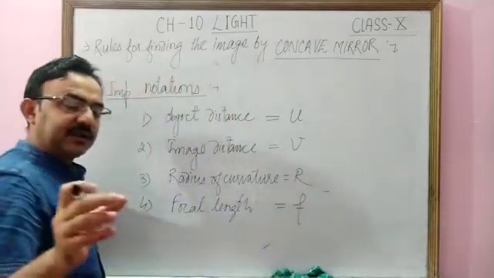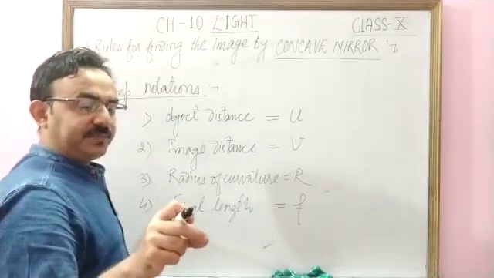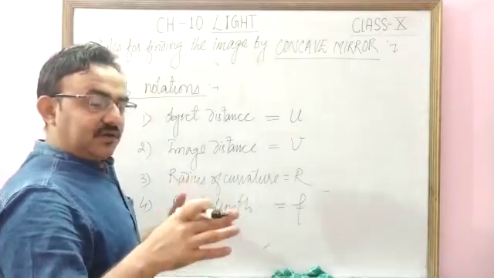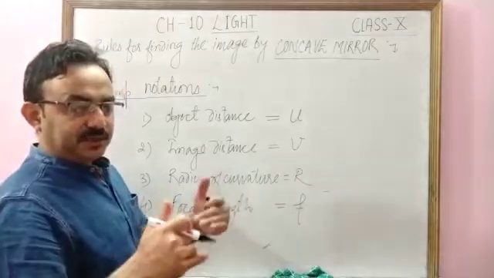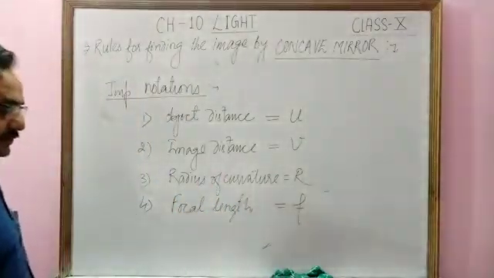Keep in mind, focal length is a distance, but focus is the point where rays of light after reflection from the mirror either meet or appear to meet. Clear?